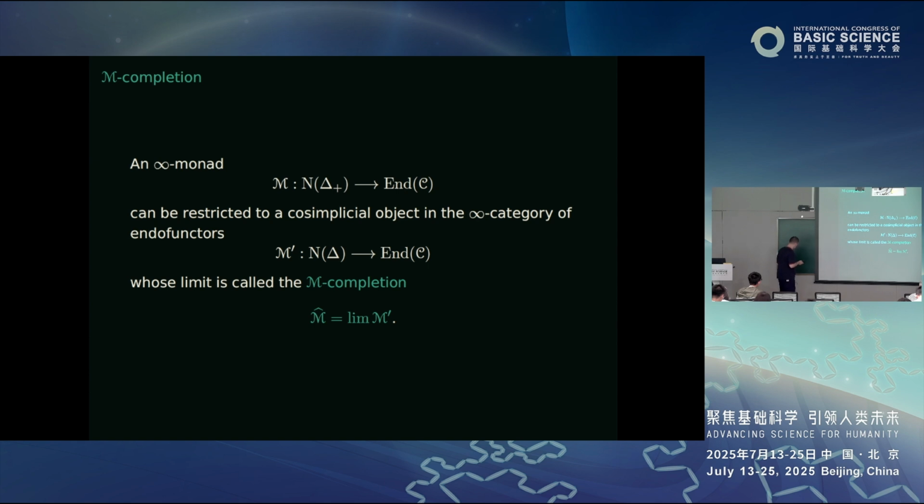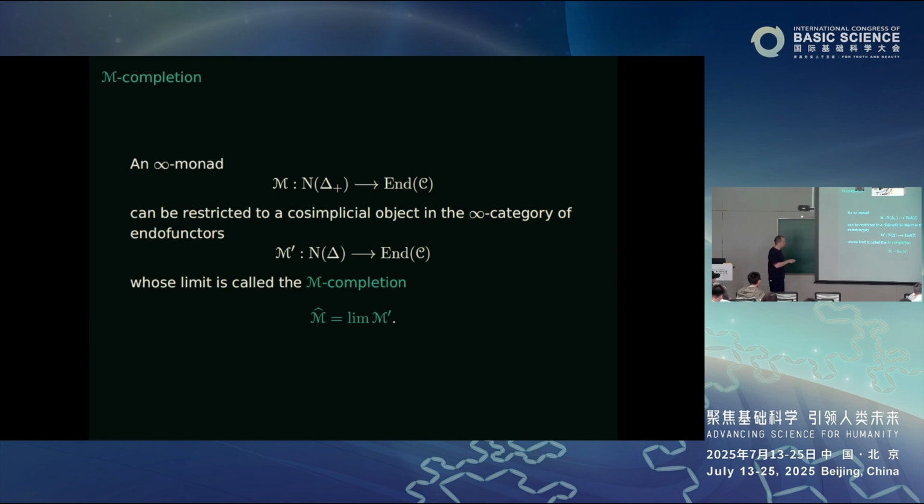Okay, and now I want to define something like Bousfield-Kan completion, but in a more general and more infinity-categorical setting. Assume that we have some infinity monad, which is just a morphism of simplicial monoids from this simplicial monoid to this simplicial monoid.